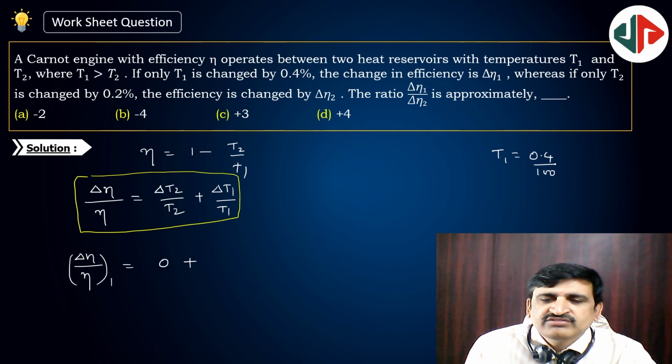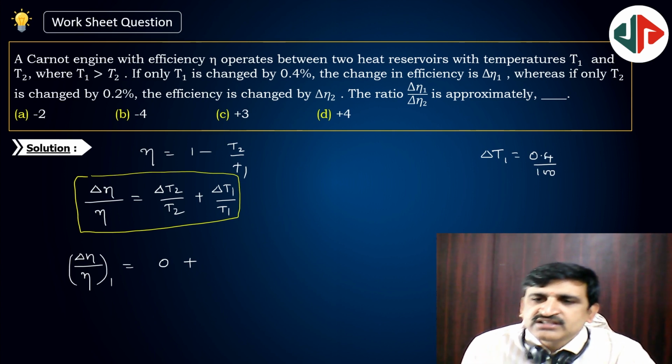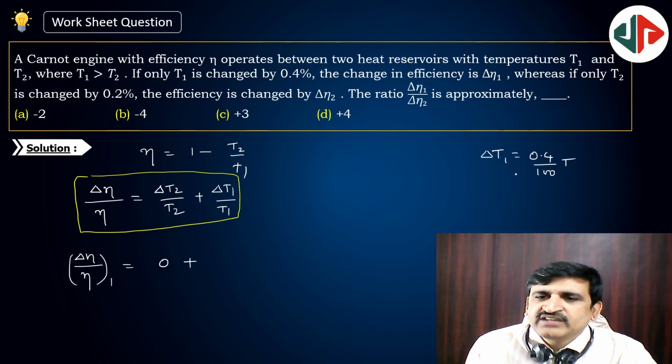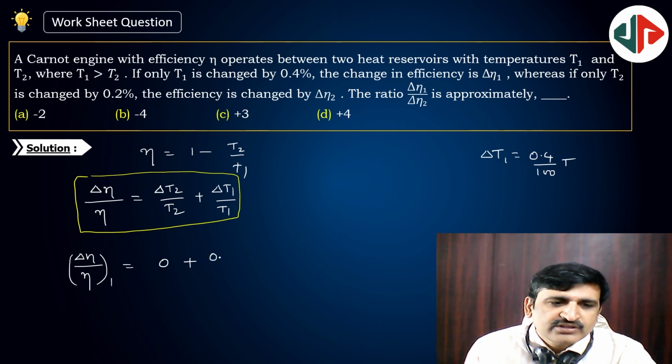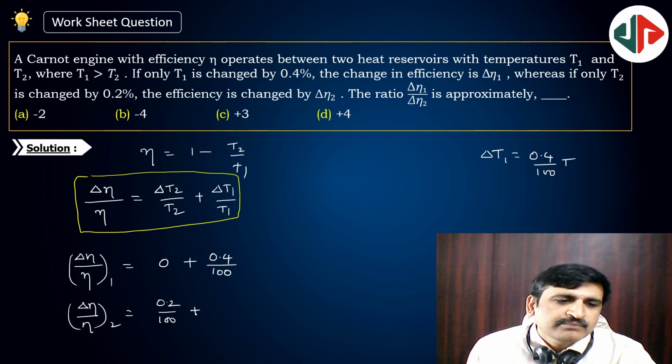So delta T1 by T1 is 0.4 by 100. And delta eta by eta 2 is equal to, only T2 changed, so 0.2 by 100 plus 0.